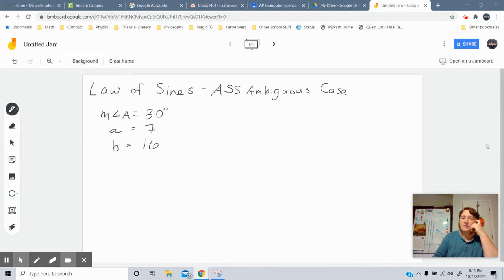So we were looking at law of sines and the ambiguous case. Here we have that angle A is 30 degrees, side length a is 7, and side length b is 16. This is just an example that I've made up that I am pretty sure is going to cause problems. If you didn't know that in advance, you might doodle some kind of triangle.